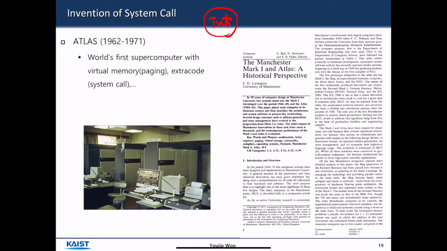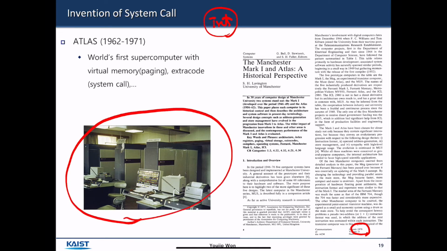So this is the paper that was published in 1978. It described the system call. If you're interested, you're welcome to look at this paper. This is a picture of the very archaic Atlas supercomputer. It was developed from 1962 to 1971.